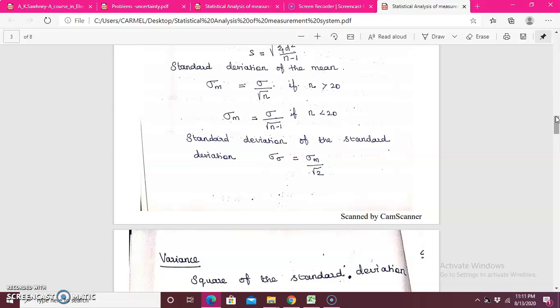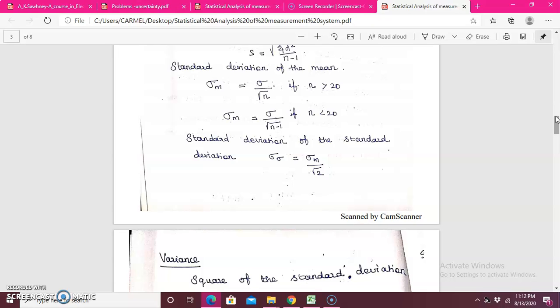Then the standard deviation of standard deviation. What does it mean? Already you have the calculated value of the standard deviation, which depending on the value of small n can be either sigma or small s.